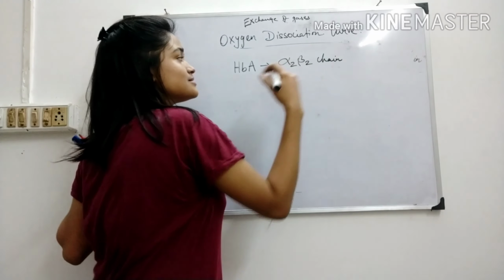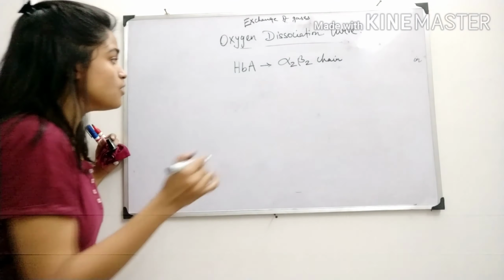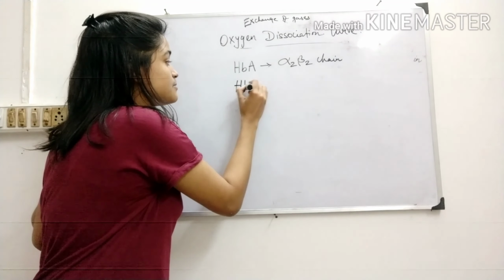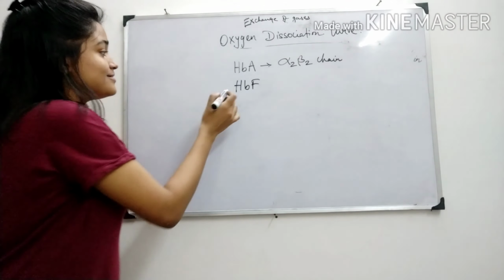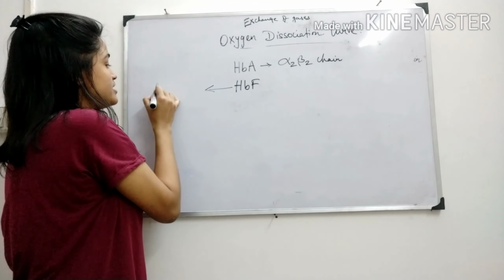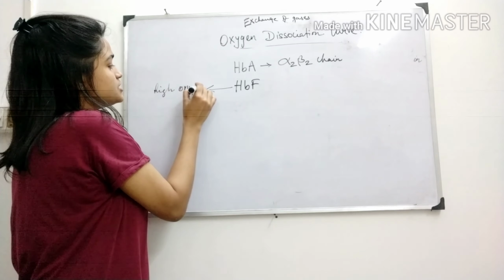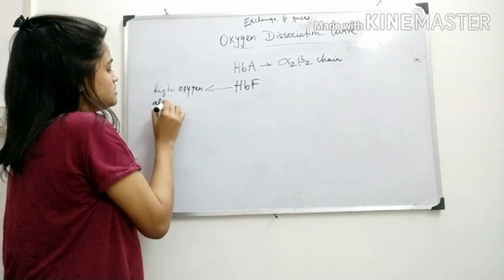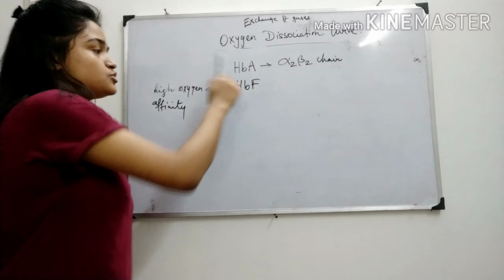Now there is fetal hemoglobin, present in newborns or in the fetus, and this HbF has a very high oxygen affinity, unlike this one.